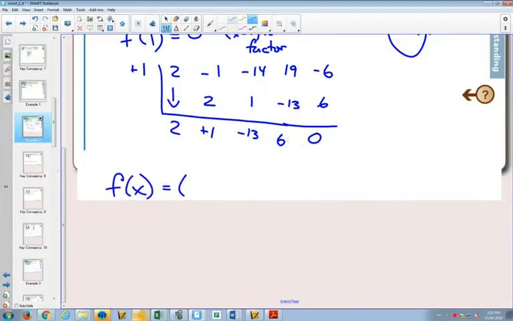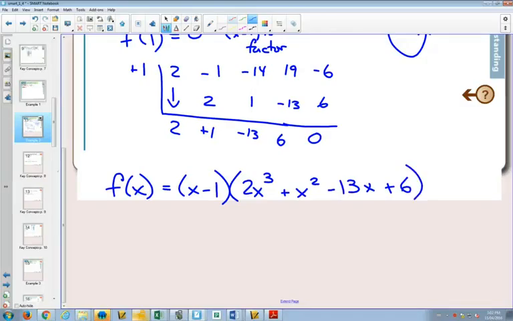And so now we know x minus 1 multiplied by 2x cubed plus x squared minus 13x plus 6. So we've started factoring it.